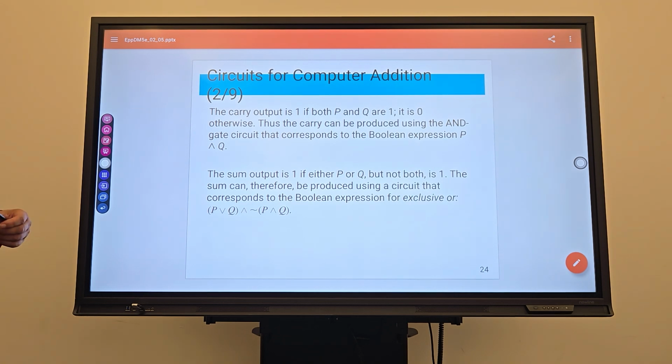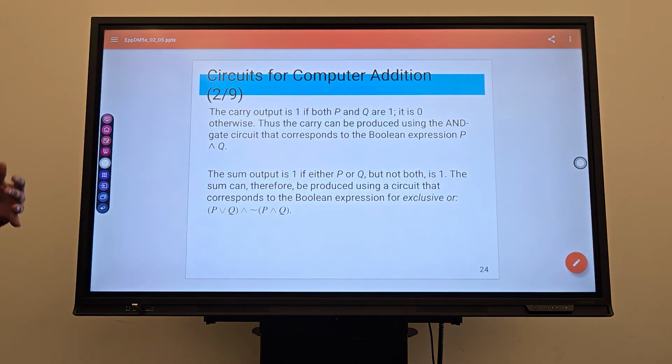So the carry output is 1 if both P and Q are 1. It is 0 otherwise. So that could be represented with an AND gate. The sum output is only 1 if P and Q are different, but if they're the same, it should be 0.